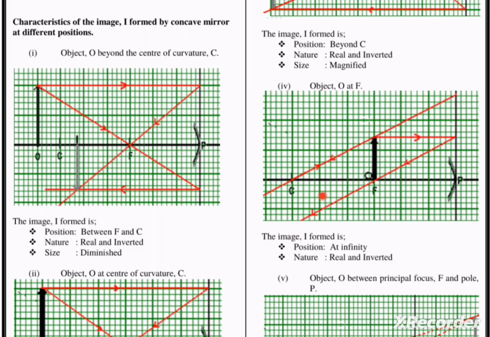So we realize that in this case, the image of this object O is going to be formed at infinity, at a point that we don't know, and it is going to be real and inverted, this side down. Okay, the next case is when the object has been placed between the focal point or the principal focus F and the pole P. Let's see what happens.